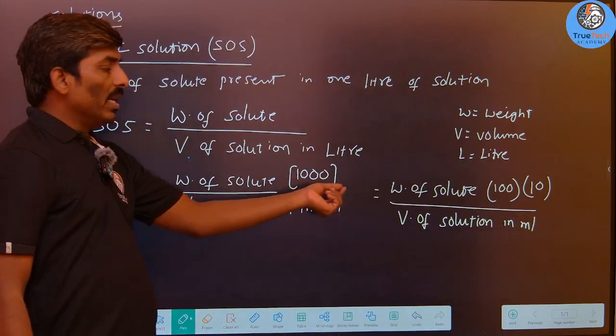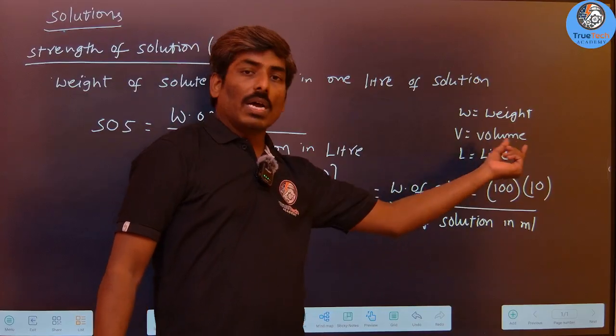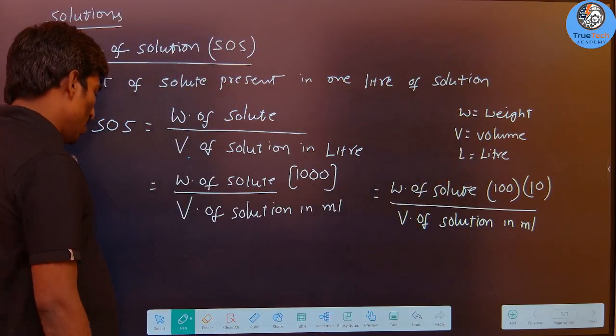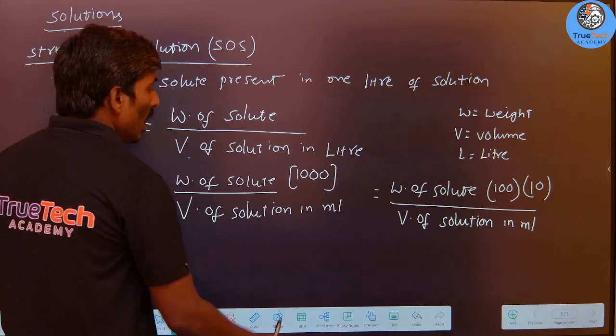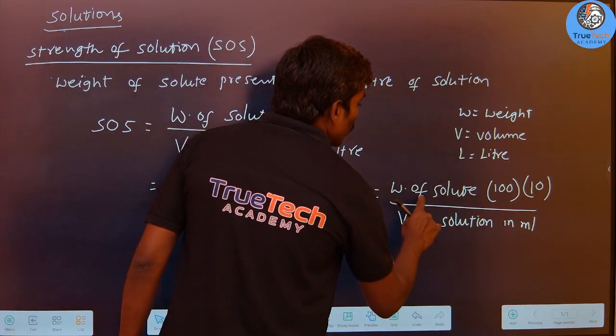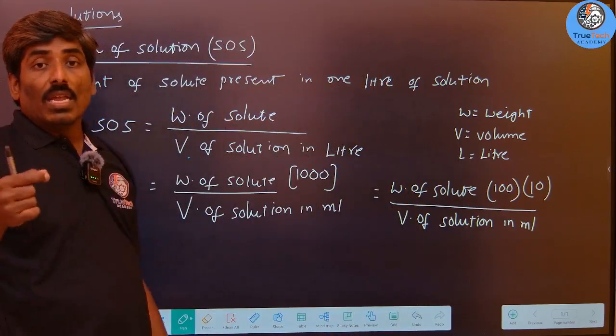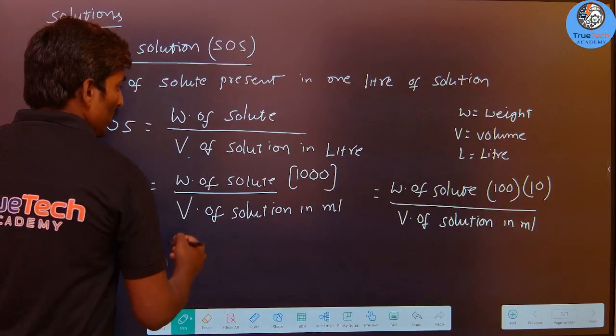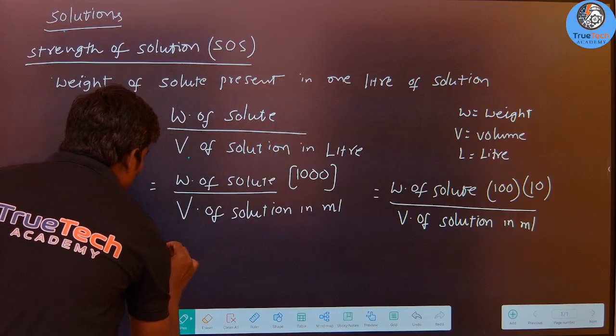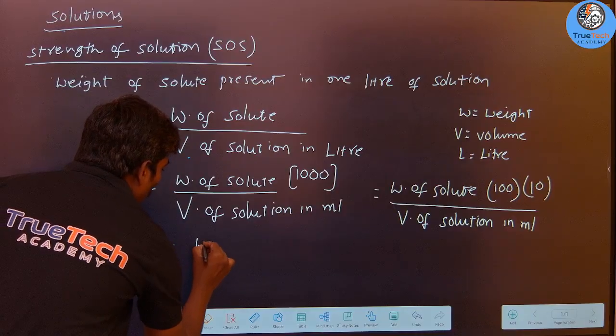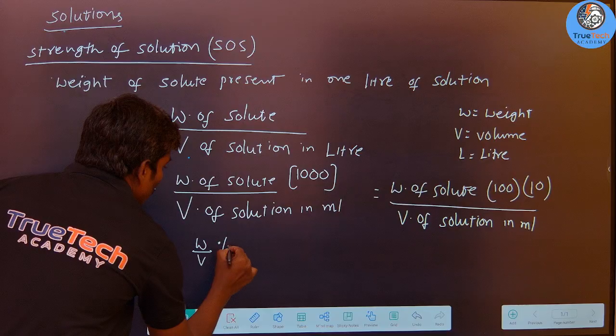So this can be written in this manner. 1000 can be written as 100 into 10. So from this you can say this part, weight of solute into 100 by volume of solution, indicates weight by volume percentage.